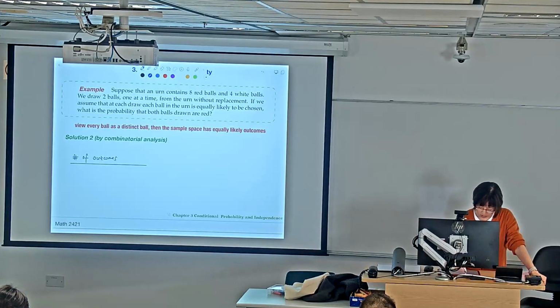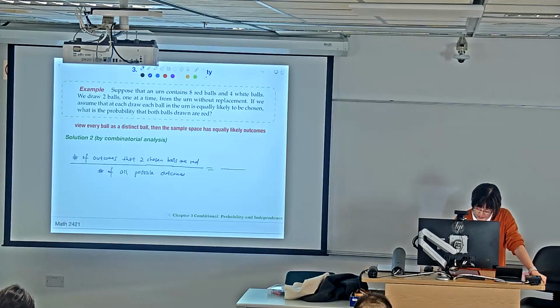So we'll just use the number of outcomes where the 2 balls chosen are red, over the number of all possible outcomes. The numerator is choosing 2 balls out of 8.